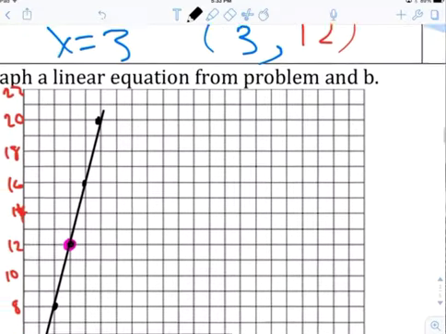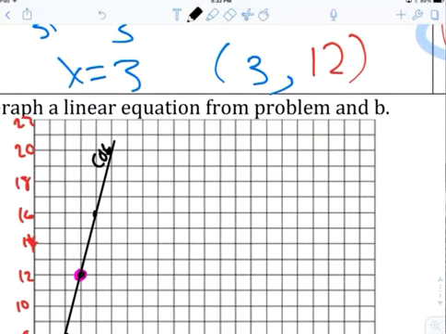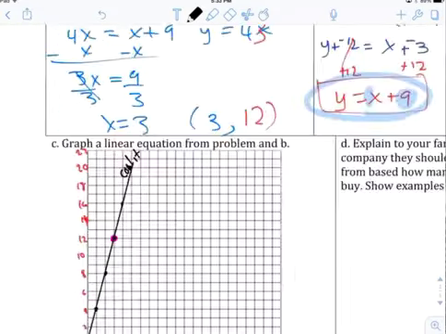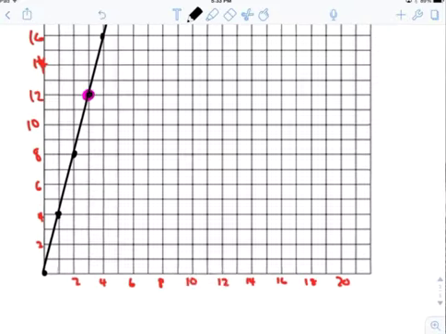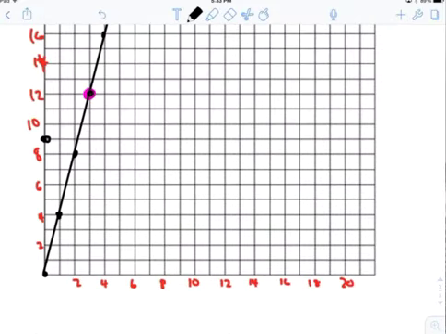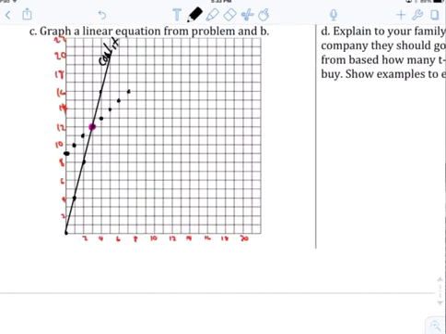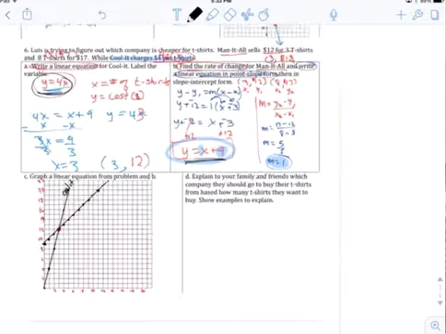And then you write Cool It. The next equation is Man It All. Man It All is x plus 9, so it starts out right there. X goes up 1 over 1, 1 over 1 all the way. And that is Man It All.